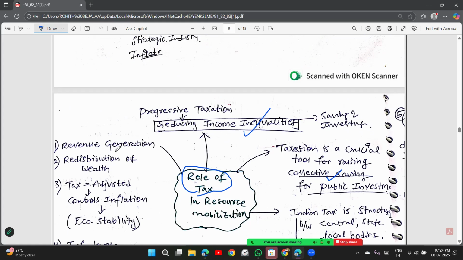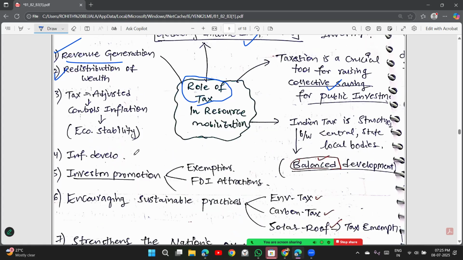What is the need of taxes for revenue generation? It will improve redistribution of wealth, like how progressive taxation, regressive taxation work. The people who have high money should pay high tax, so that redistribution of wealth happens. And when tax is adjusted, it will control inflation.